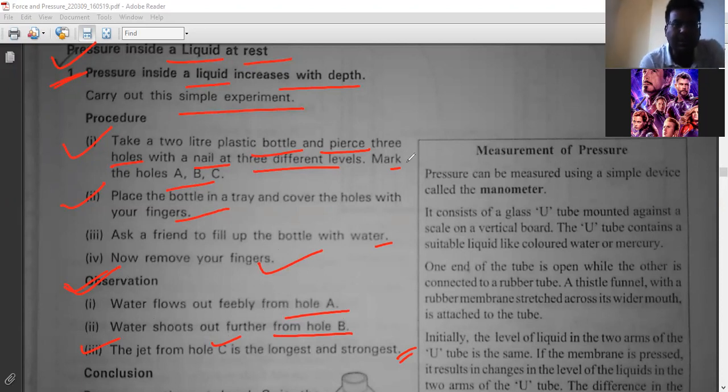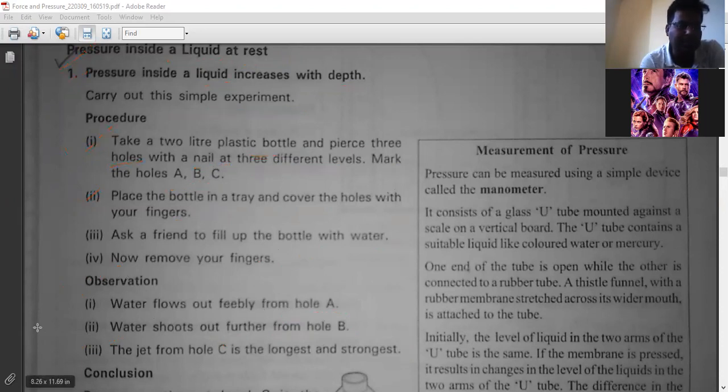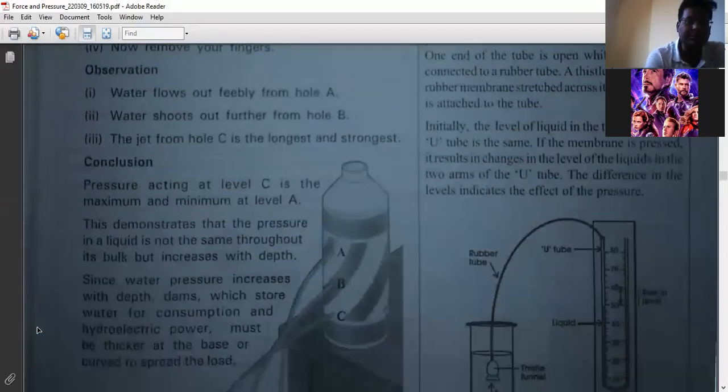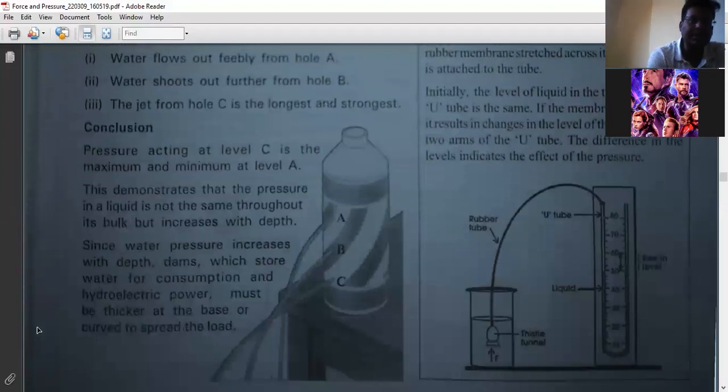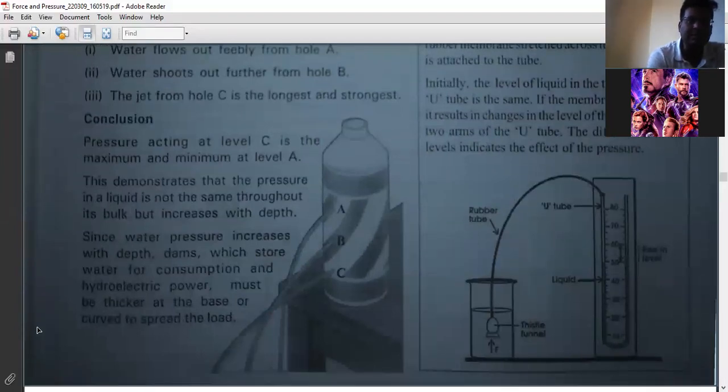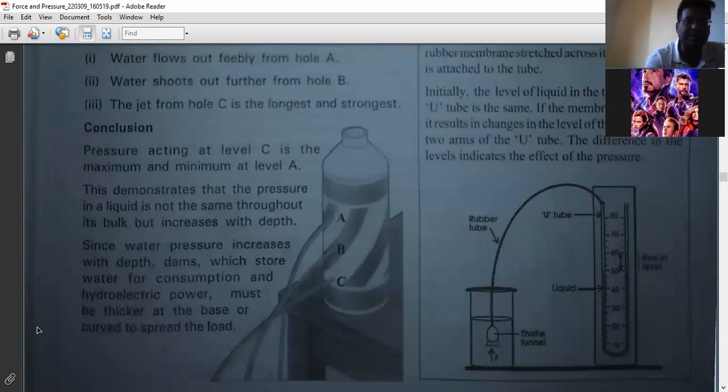So due to Pascal's law, this will happen, right? You can see the diagram. I will scroll down here, right? You can see there are 3 marks A, B, C from which water is coming out.